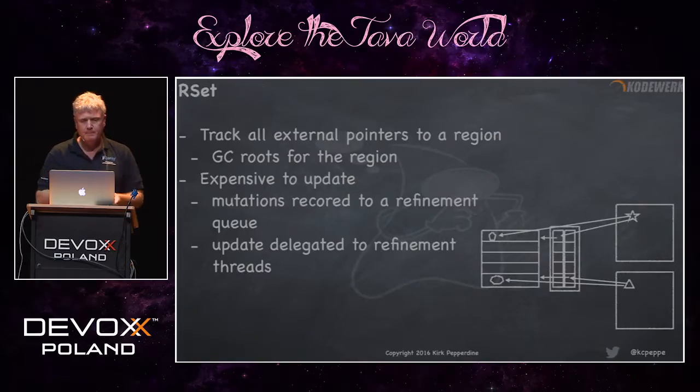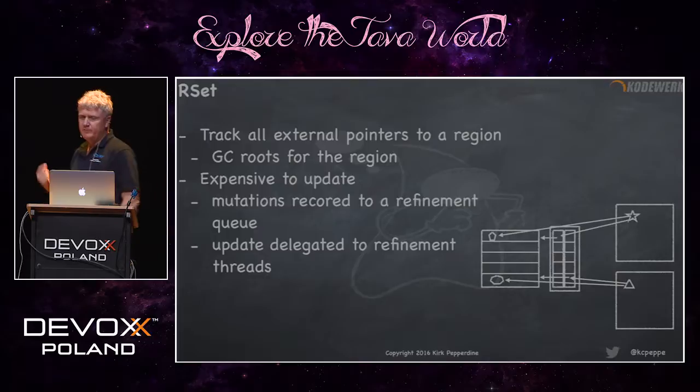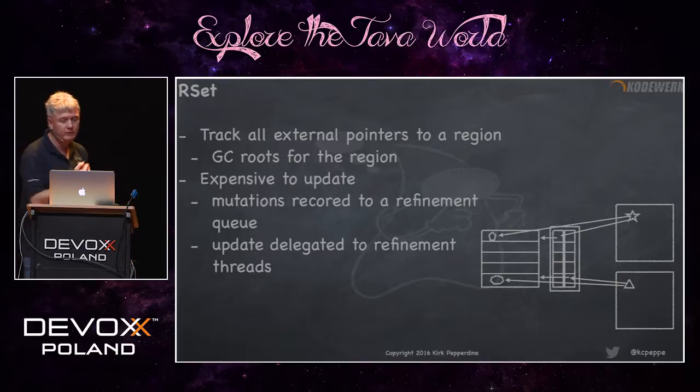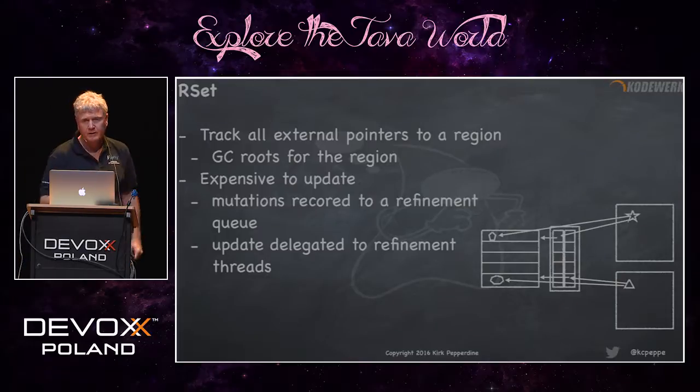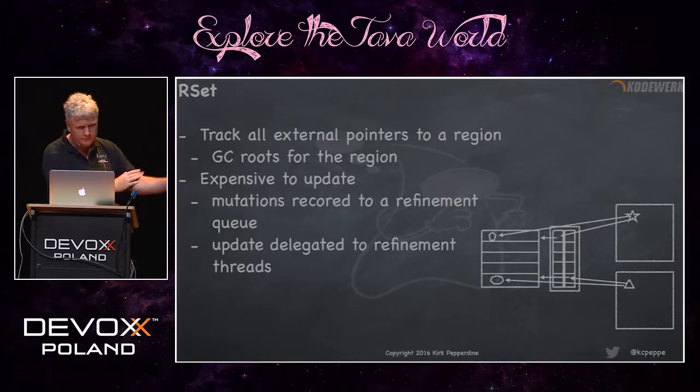Now, the RSet data structure is a fairly complex one. I don't want to really get into it too deeply. Just to say that it's a dense representation of a very sparse data structure, which means that there's a lot of work that has to be done to get these pointer values actually into the remembered set. So we don't want the mutator threads doing that, because that's a lot of work. As a matter of fact, the work is non-linear with the size of the region, which is another issue.